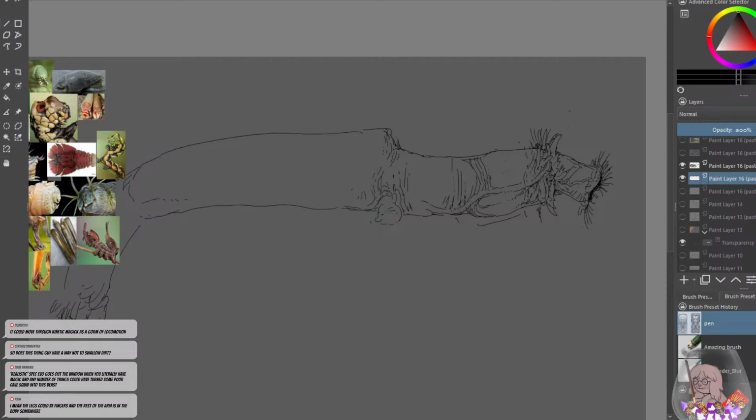Have a way to not swallow dirt? No, it swallows all the dirt. We're suspending disbelief to a certain extent. So it's just swallowing the dirt, eating all of it.